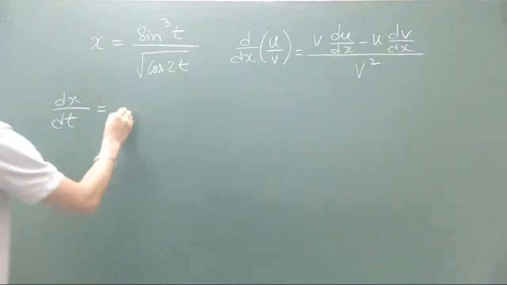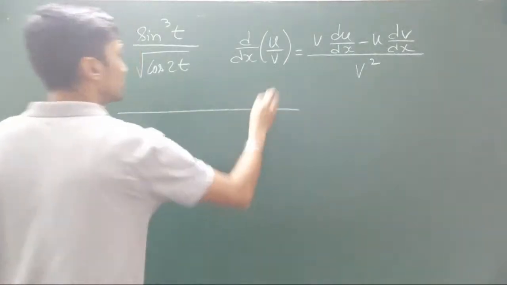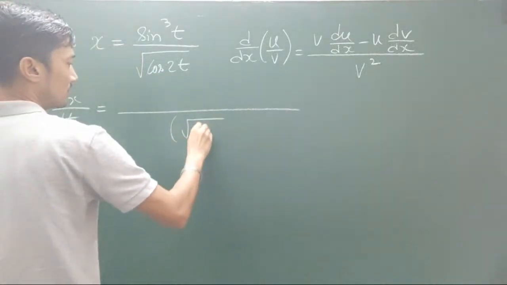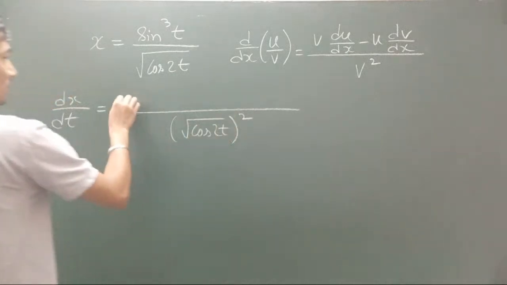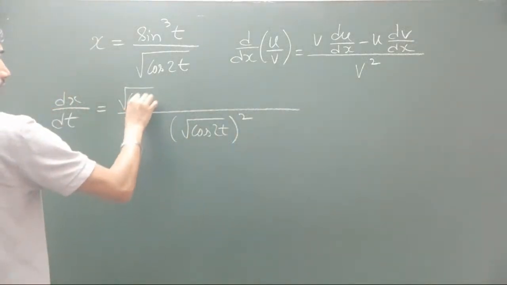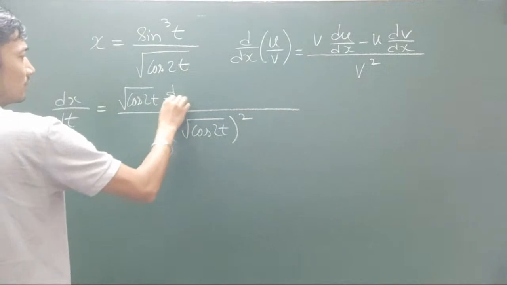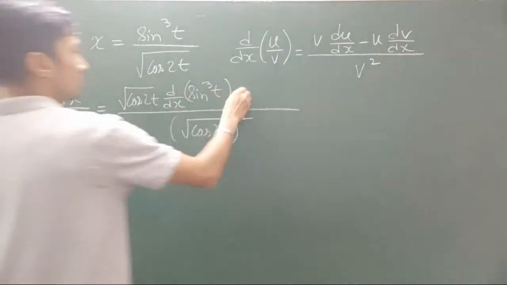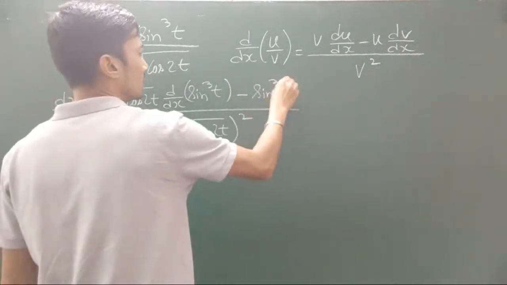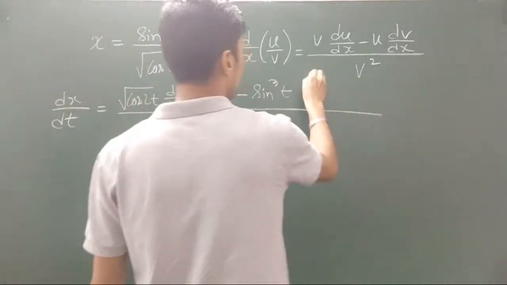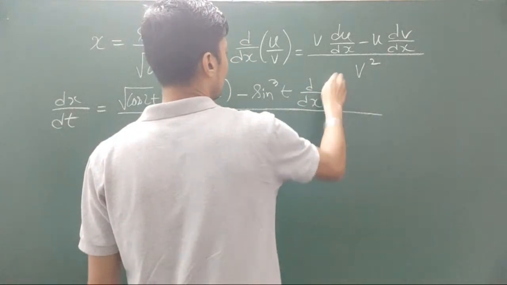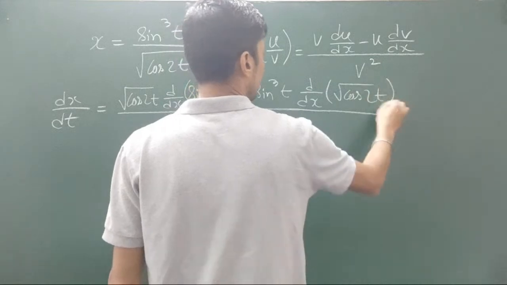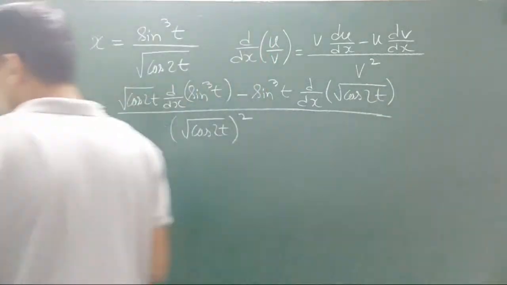So, okay, so let's start. This is going to be a lengthy one. So v square, so that is root over of cos 2t whole square. Then v into derivative of sine cube t minus, that's why I have been telling you, you have to be now ready to just go for the derivative without some of the steps, because if you keep on writing down the steps everywhere, you will have a long question to solve.